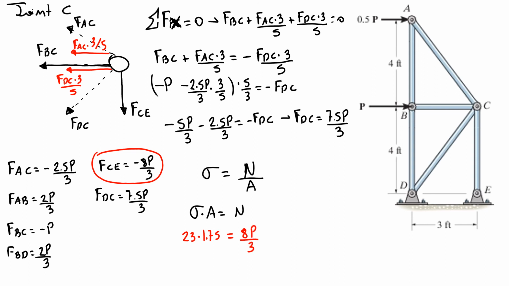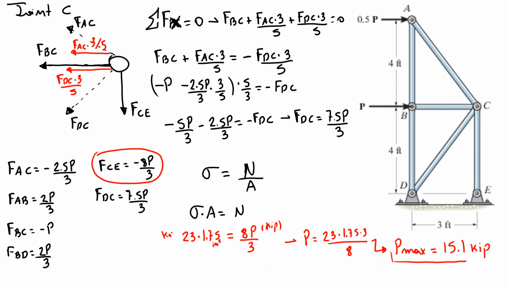I didn't put minus just to find our load, the magnitude. So here we have the units. We have ksi and inches squared, so our unit of P will be in kip. So I have my P is equal to 23 times 1.75 times 3 divided by 8. So our P max is equal to 15.1 kip. So this is the last problem for homework 7.